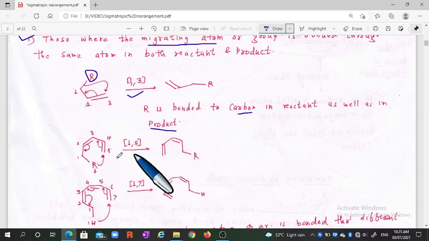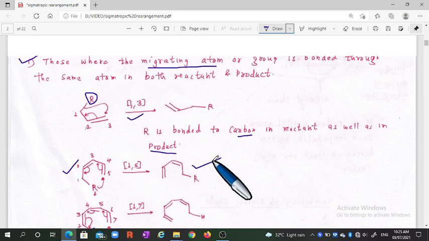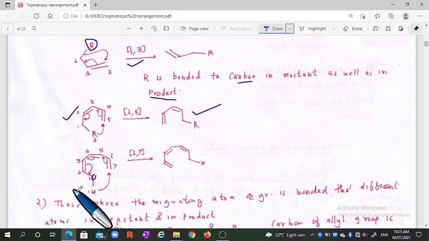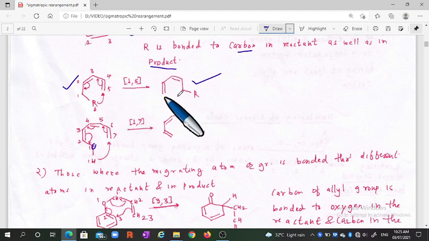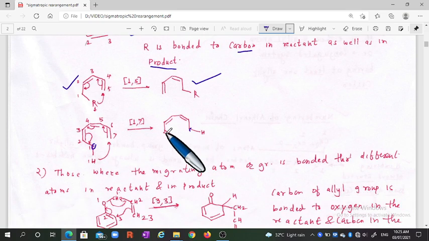It means the carbon is bonded in the reactant and the carbon is bonded in the product also. Here hydrogen is attached to the carbon in the reactant, and in the product hydrogen is attached to that carbon. Therefore the migrating group is attached to the same atom in the reactant and the same atom in the product. That is the first group.